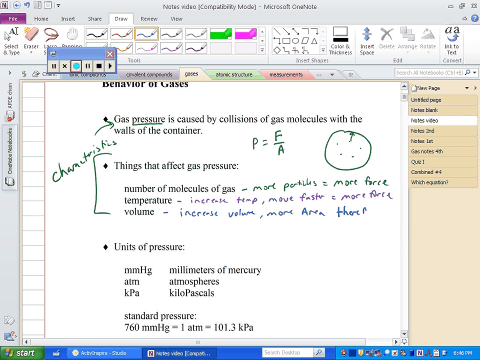If you increase the volume, you're going to have more area, so force divided by a larger number, you're going to have less pressure.